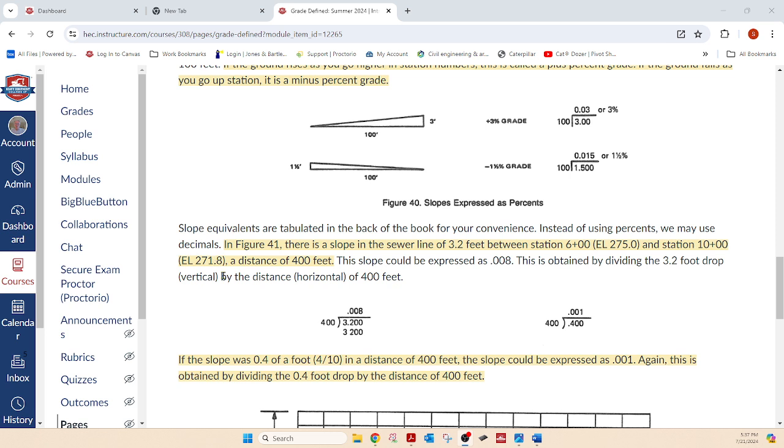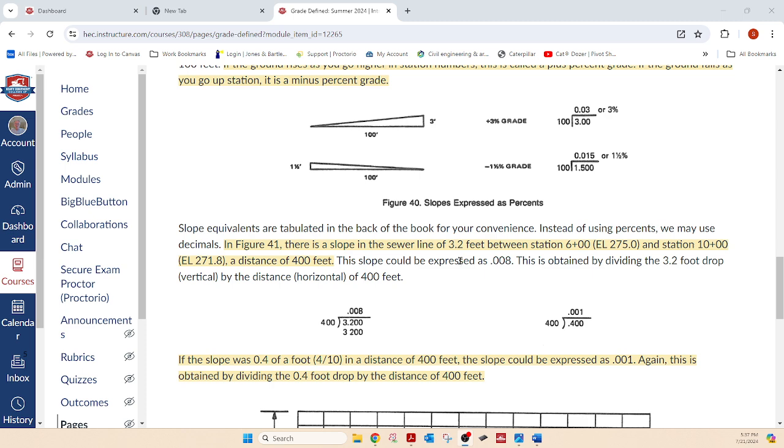Now, I'm guessing that if I subtract 271.8 from 275, I'm going to get this right here, because this is what I need. This is the vertical.